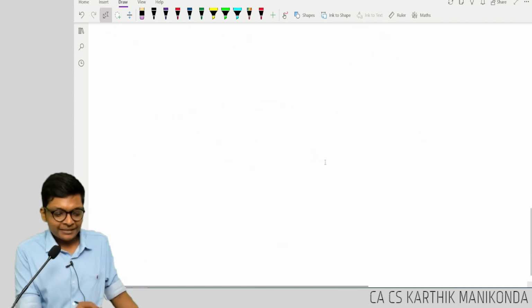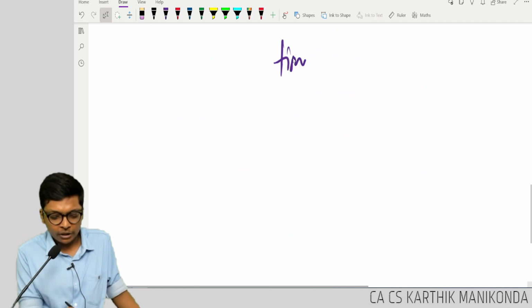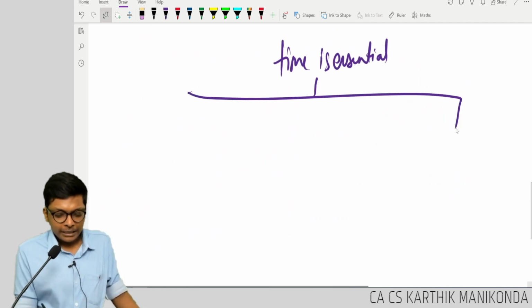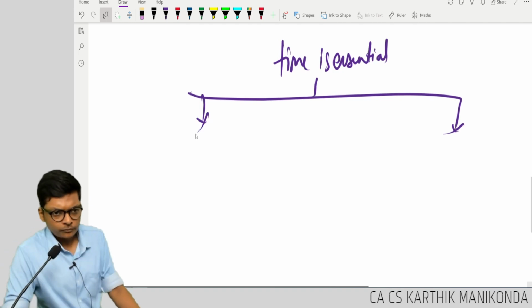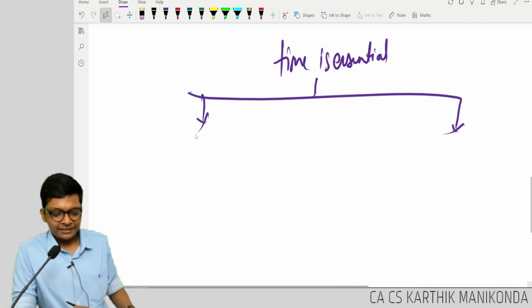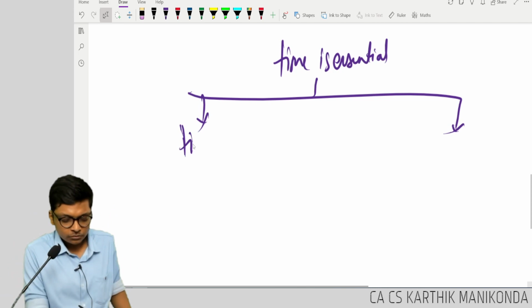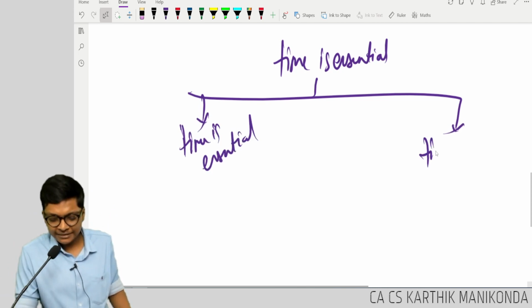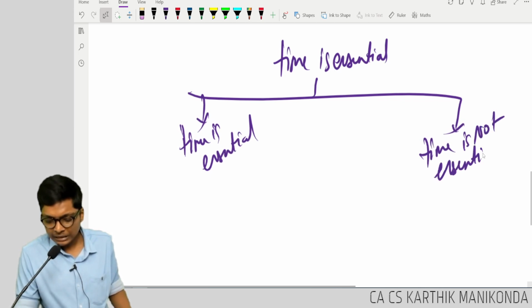Now coming to time is essential. Beautiful concept, very important for exam. They have not tested this and they can test it very well. We will split into 2 cases. Where time is essential, where time is not essential.